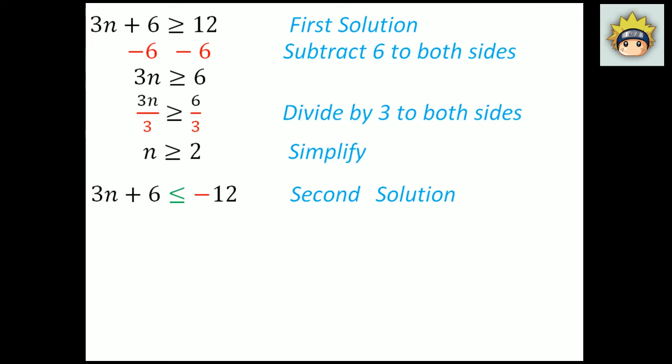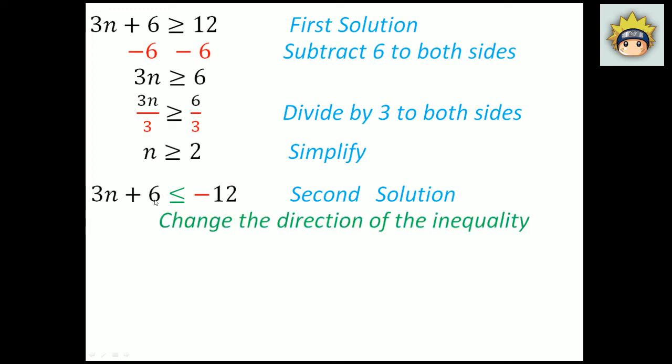Here's your second solution. 3n plus 6 is less than or equal to negative 12. Remember, you change the direction of the inequality when you have the negative here. You see, this is positive 12, but I made it a negative 12 because that is the second solution. So you have to change the direction of the inequality. Subtract 6 from both sides.